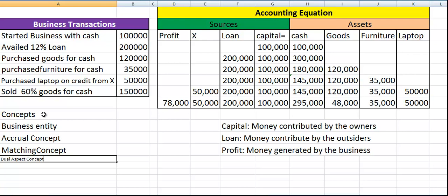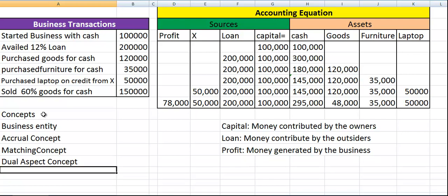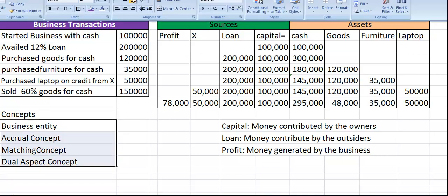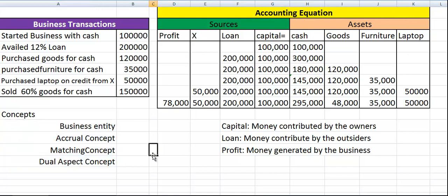And therefore accounting is also called a science, not just an art. So the concepts will affect the corresponding transactions on the accounting equation. Thank you very much.